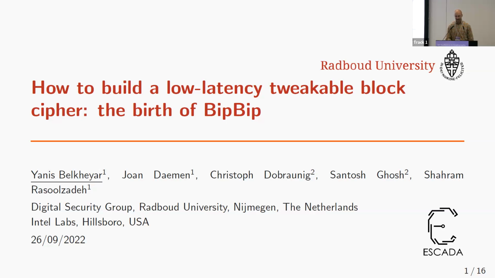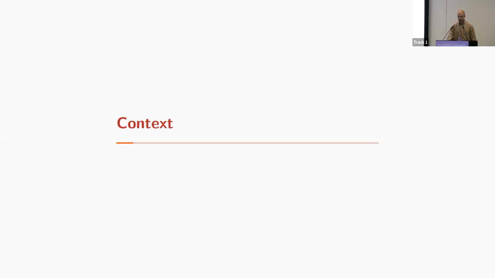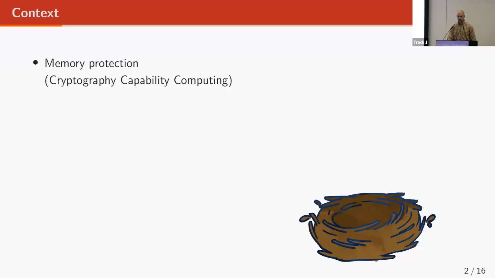Thank you. So for those who attended the previous presentation from Intel, they briefly mentioned the cipher. I hope you all follow so that I don't have to recall the context, but I will still do it a bit. The context is the following. We were contacted by Intel because they designed a secure architecture called C3, for Cryptographic Capability Computing.